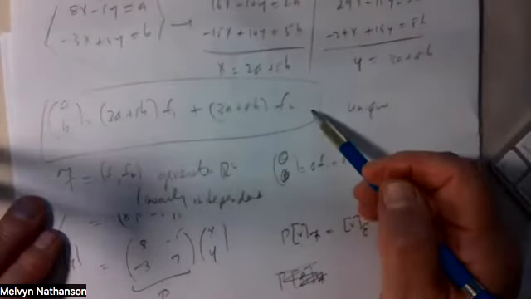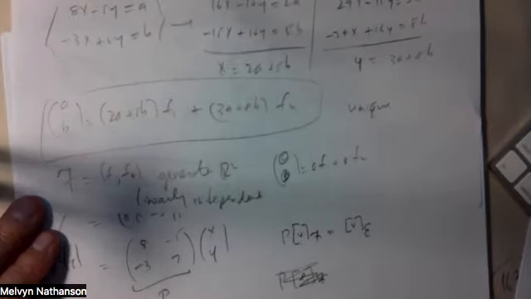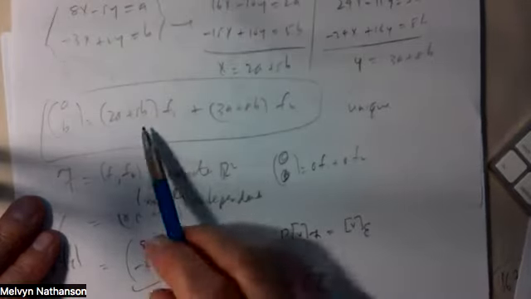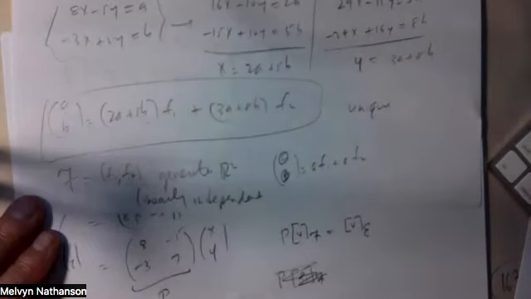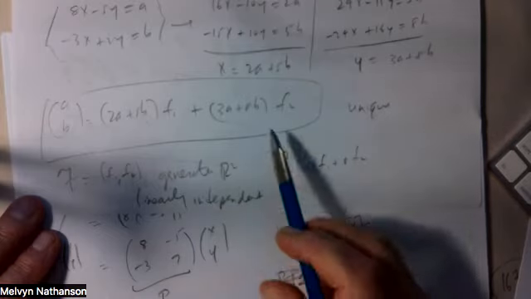Well, I know how to do that. I worked that out right over here. So E1 is (1, 0). So (1, 0) is, A is 1 and B is 0, this is 2F1 plus 3F2.